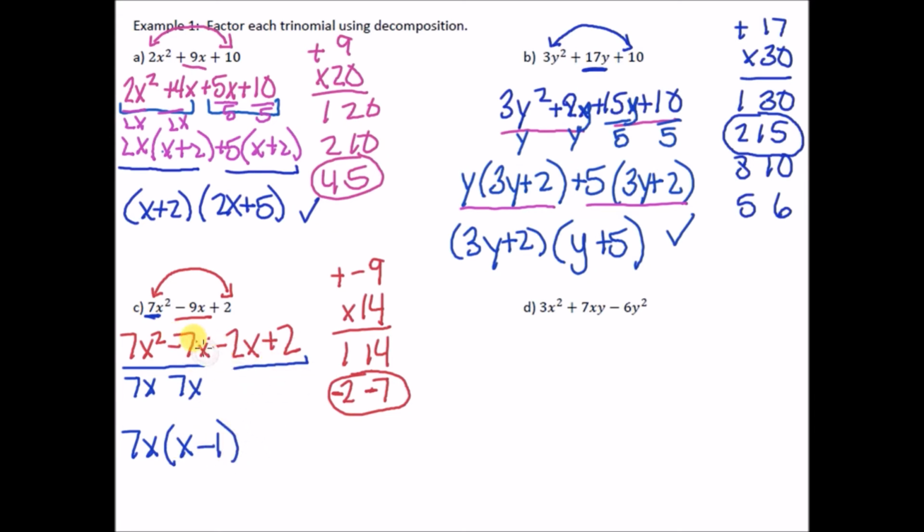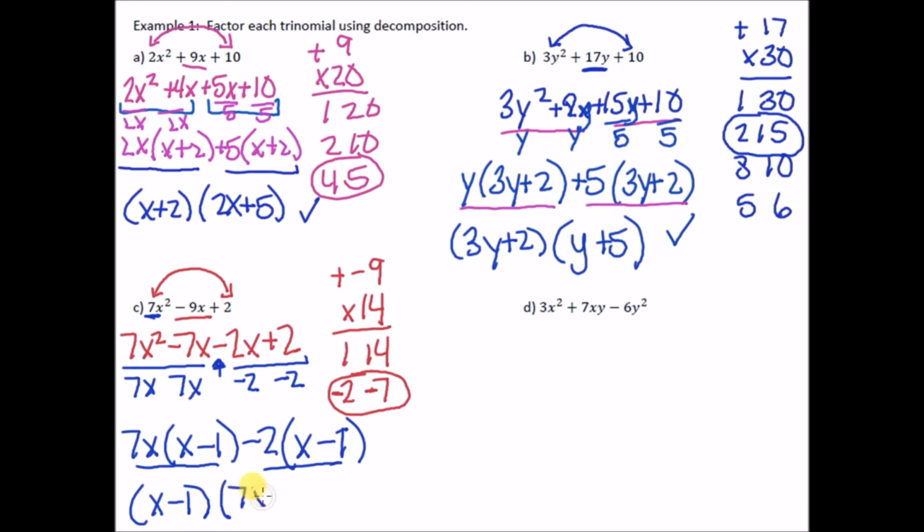And out of the second two terms, we can factor out a negative 2. Just remember, if this term is negative, always factor out that negative. So negative 2, and we're left with x minus 1. Okay, again, we have two terms. Our common factor here is x minus 1, and we're left with 7x minus 2.